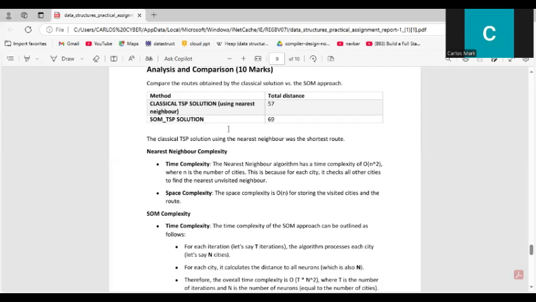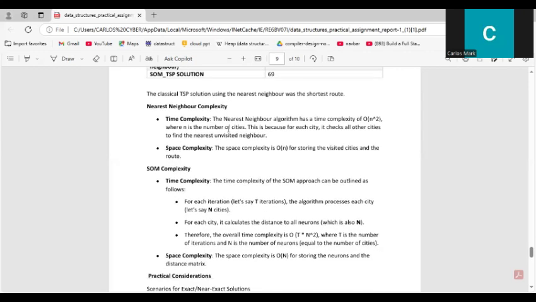The time complexity of the nearest neighbor is n squared, where n is the number of cities. Then the space complexity is simply O(n).